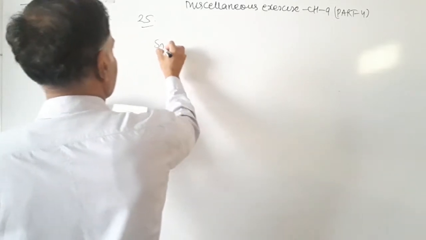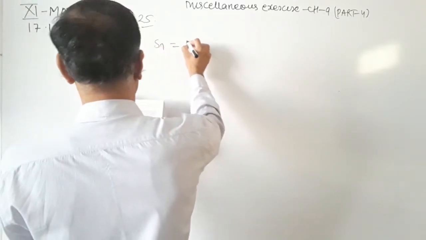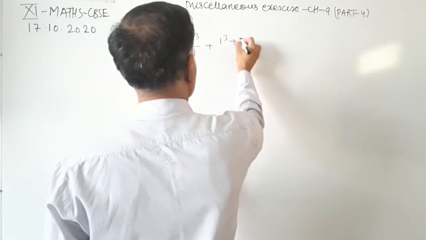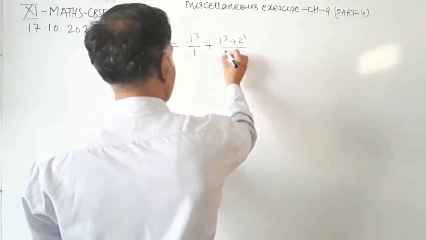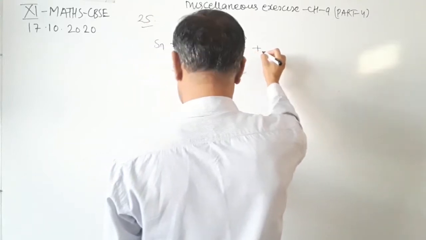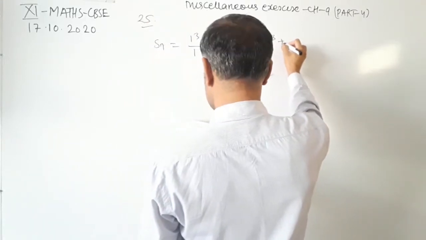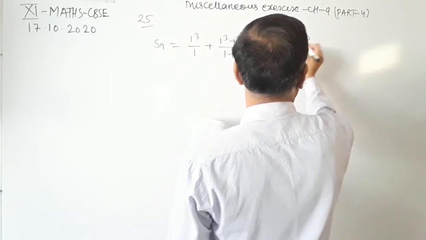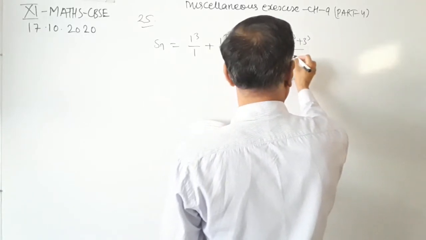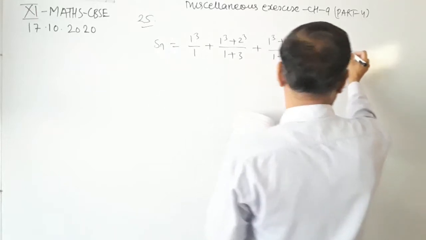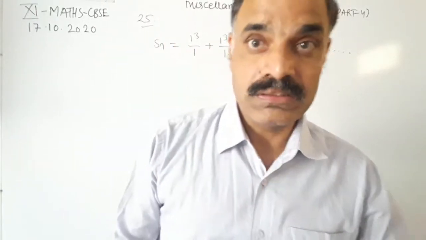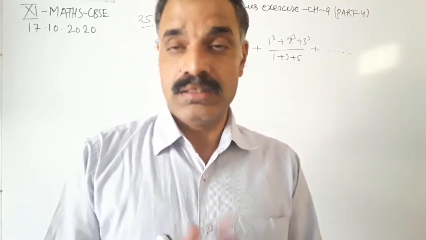The series is given as Sn equals 1 cube upon 1, plus 1 cube plus 2 cube upon 1 plus 3, plus 1 cube plus 2 cube plus 3 cube upon 1 plus 3 plus 5, plus and so on. We have to find the sum of this series up to n terms.